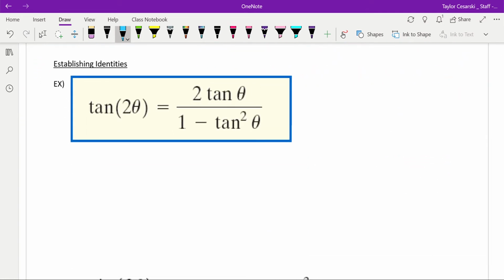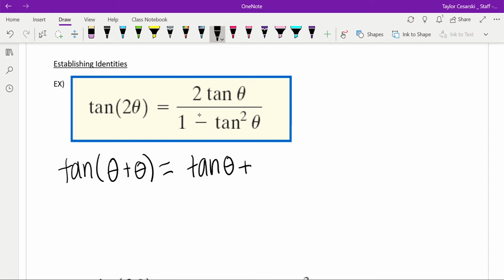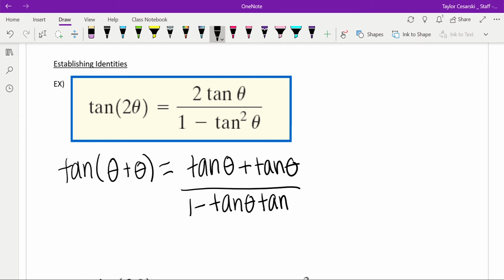So establishing this identity, tangent of 2 theta, we're actually going to go back to the last unit we did and use the sum identity. Tangent of 2 theta is just tangent of theta plus theta. So on the top we have tangent of theta plus tangent of theta, all over 1 minus tangent of theta times tangent of theta.